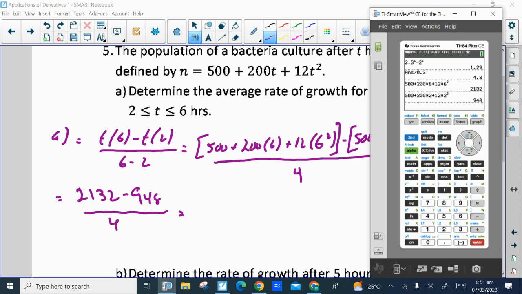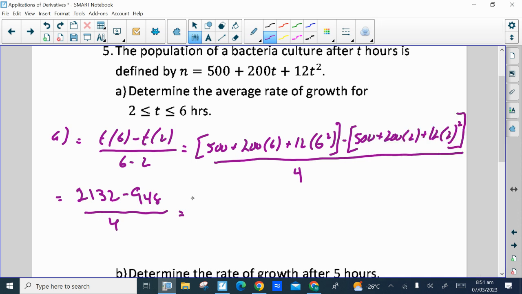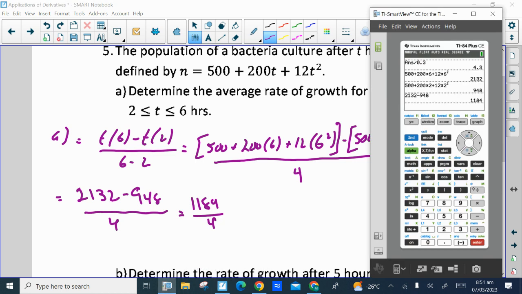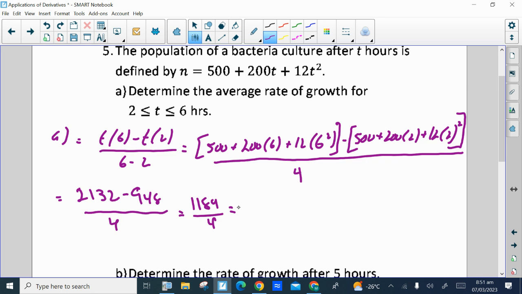So on top, we're going to have the 2132 minus the 948, which is 1184 over 4. 296.